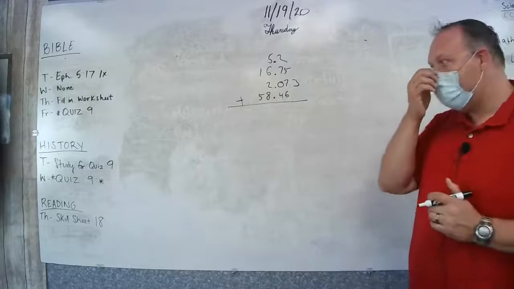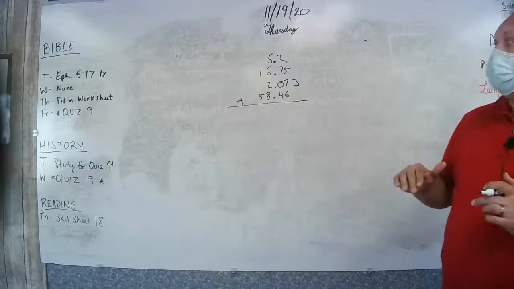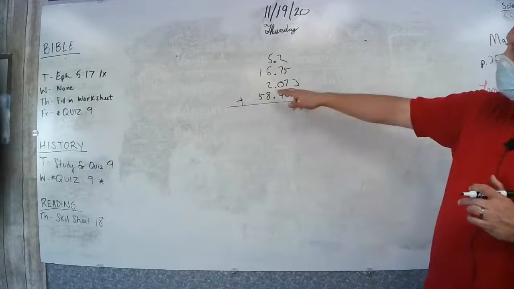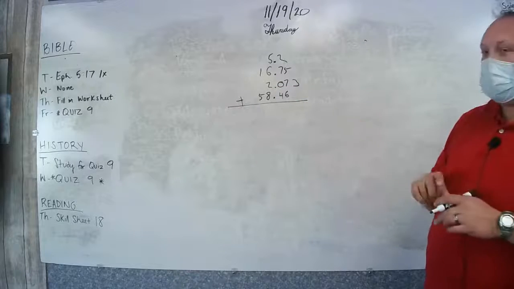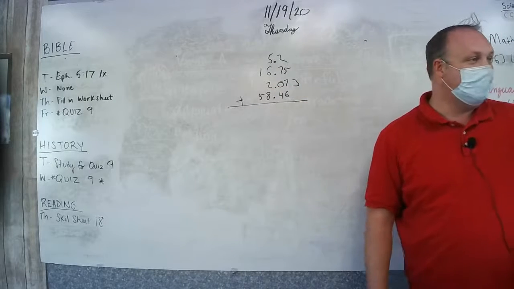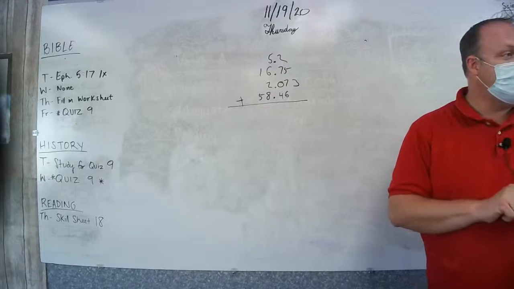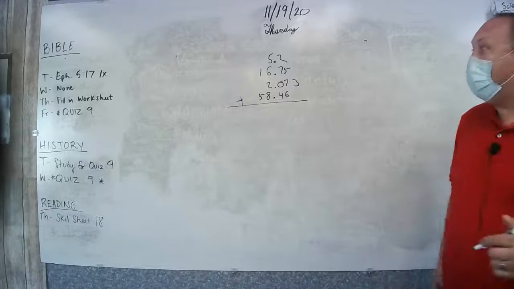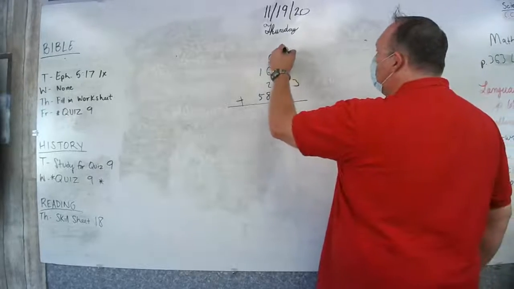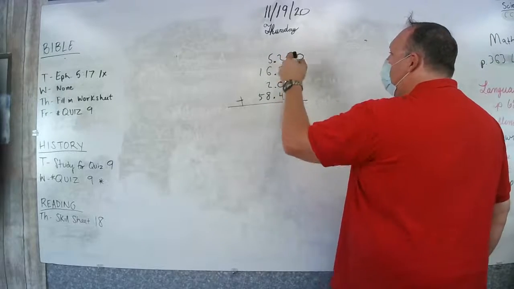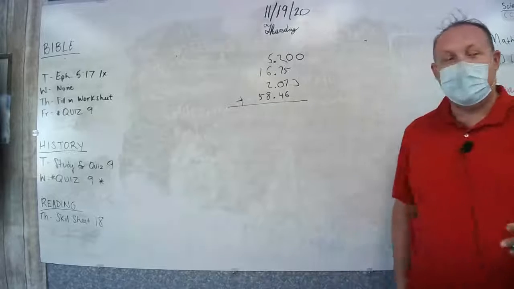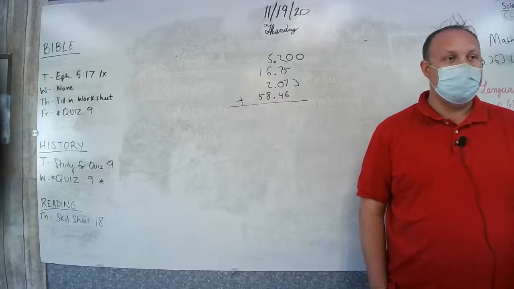Now, the other thing you can do here is, you see how 2.073 has 3 decimal spaces, but 5.2 has only 1 decimal space. What we want to do is add zeros so that we have the same number of decimal spaces for each number.